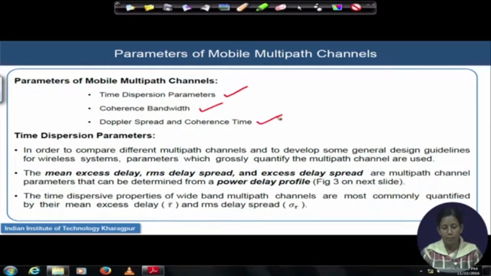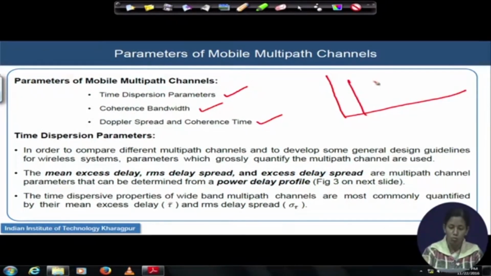The time dispersion parameter is based on the fact that we have already discussed that the replicas or echoes of the same signal or same symbol are received at the receiver over large time delays.